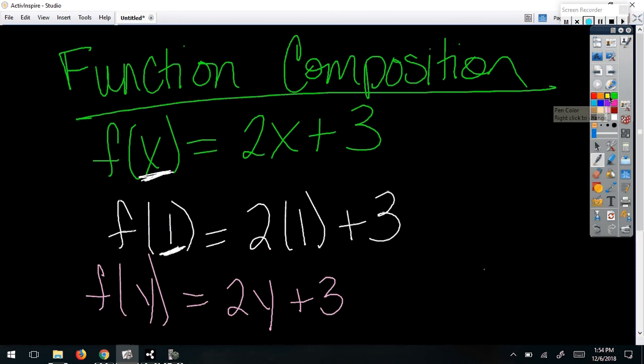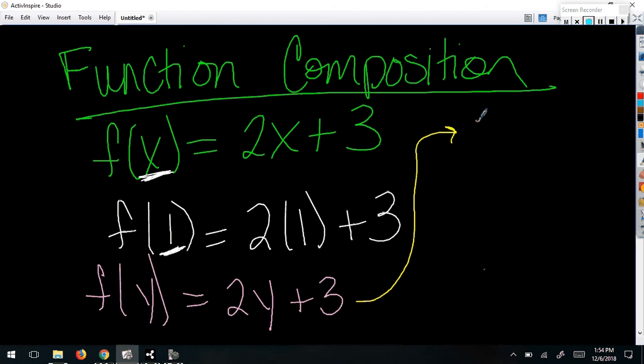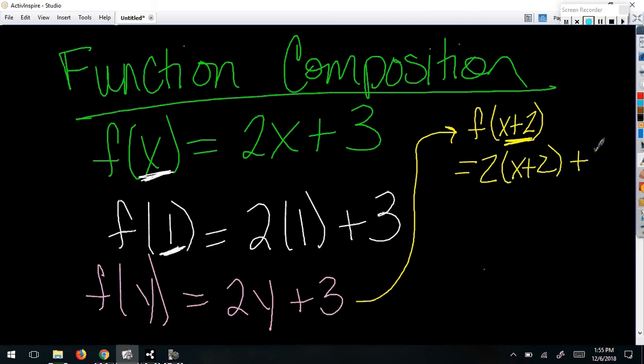What if I asked you what is f of x plus 2? Same thing. The x is getting replaced with x plus 2, right? So it's 2, and it's not x anymore, it's x plus 2, plus 3.